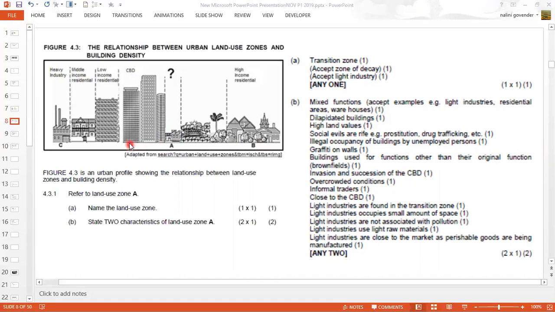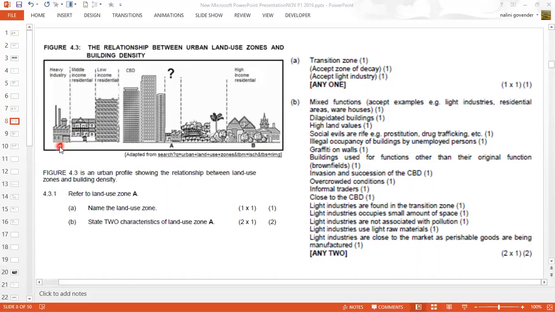And close to area labeled A, there's our CBD, Central Business District, with all these tall buildings, and the building density is quite high, which means the buildings are close to each other. Then you have your low income residential area. They're also located near our CBD, so it's easier and cheaper to travel to the CBD, minimizing their transport cost. There's our middle income residential area, and on the outskirts of the urban area is the heavy industrialized area.